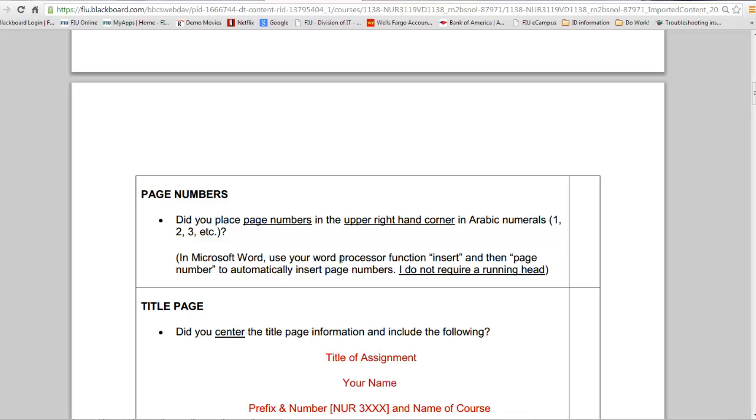The title that follows your running head should be a summary of the title of the paper. In the running head, you don't write the entire title of the paper. It should only be about 50 characters.